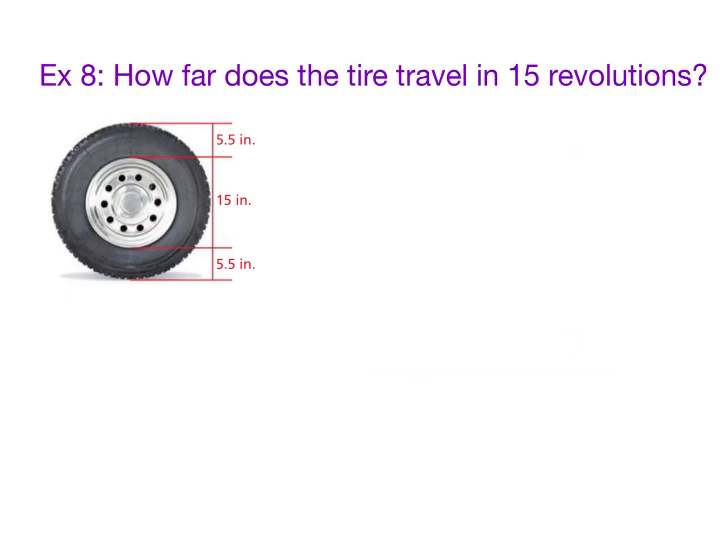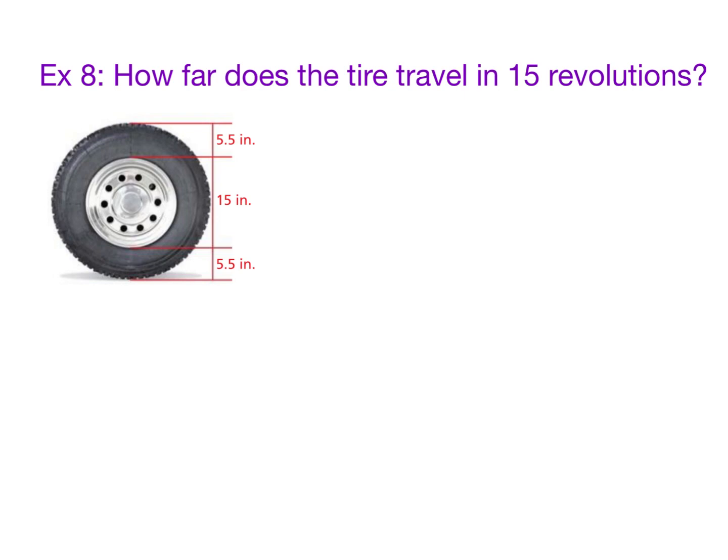How far does the tire travel in 15 revolutions? So what you want to take note is that we want to find the distance all the way around the tire. What's that called, the distance all the way around the circle? Circumference. So if I have the circumference of the circle, or the tire, and a revolution means it spins one whole time.